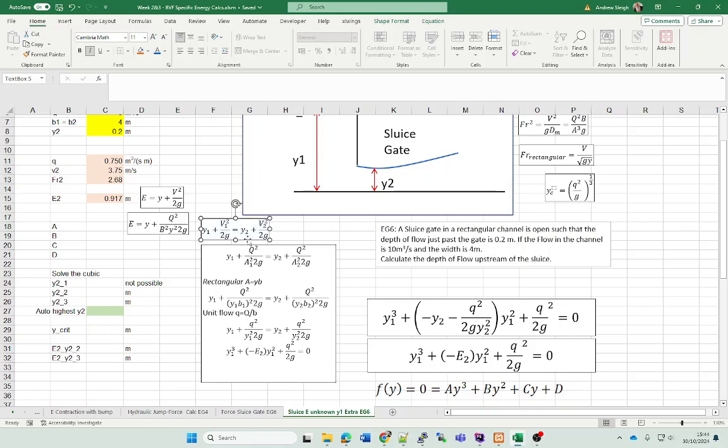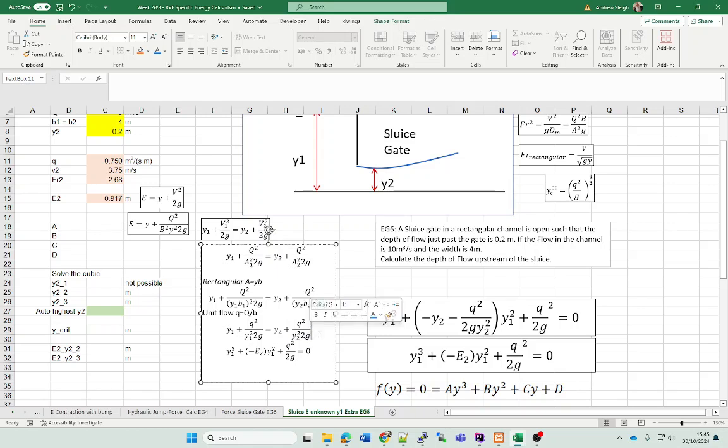I've got my energy equation written in terms of capital Q, rearranged it, substituting a value for the depths, area for the depths, or in terms of lowercase q. In this example it's minus y1, which we don't know. We know all this downstream side, because that's the energy.